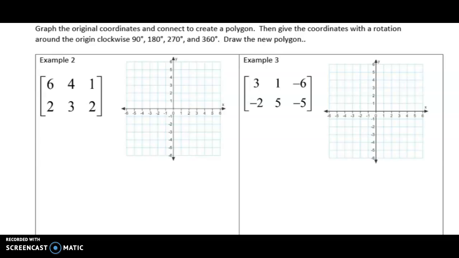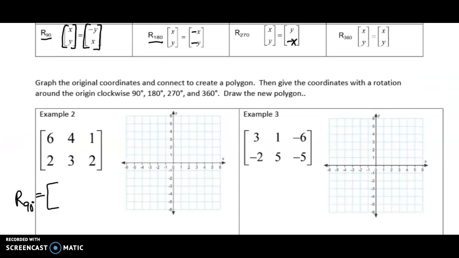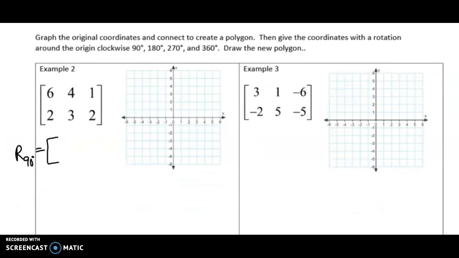All right, we want to come up with a 90 degrees rotation, the 180 degrees rotation, 270, and 360. So if I rotated this 90 degrees, what would I get? So remember, we said if we're rotating it 90 degrees, the coordinates are going to switch spots, and then the original y will change to negative.